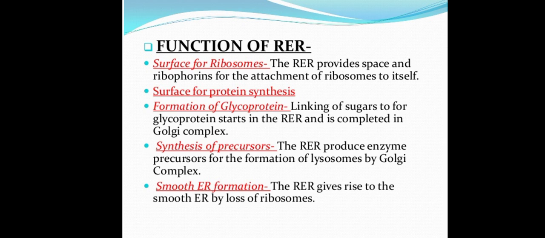The next one is transport. Endoplasmic reticulum acts as a kind of circulatory system involved in the import, export and intracellular circulation of various substances, such as proteins, lipids, enzymes, etc. It functions as a cellular circulatory system.